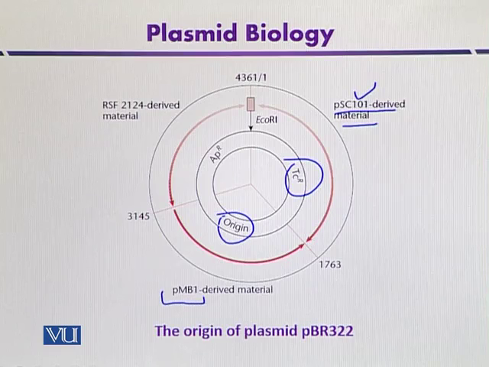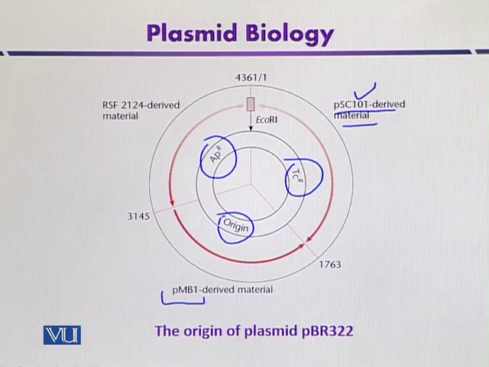And the gene for ampicillin resistance, which is the second selectable marker, is from another natural plasmid that is actually a derivative of ColE1. It is RSF2124 that provides ampicillin resistance. And these different numbers indicate the different base pairs that are taken from different sources. And all this division is started from the site EcoRI.